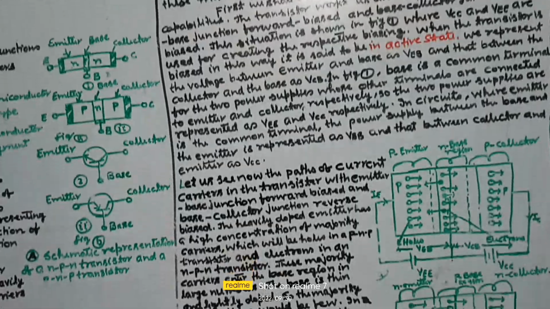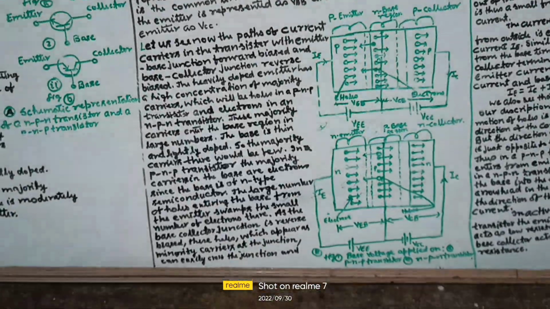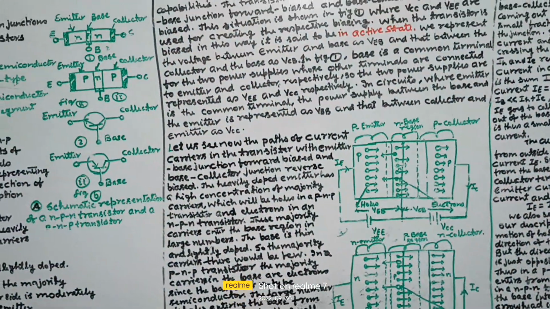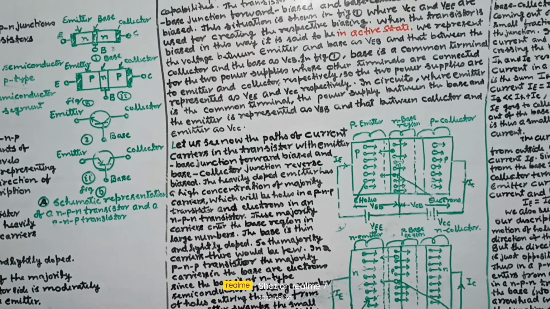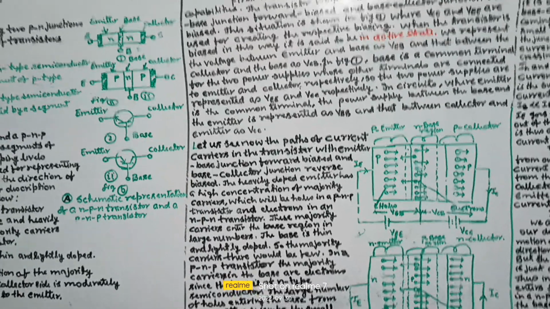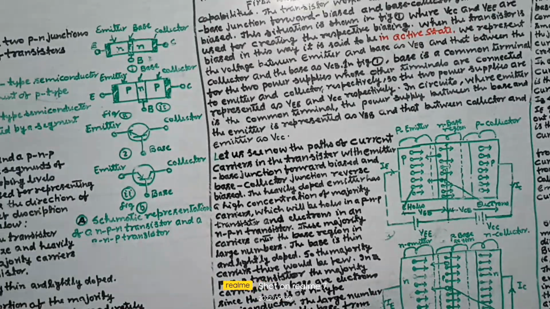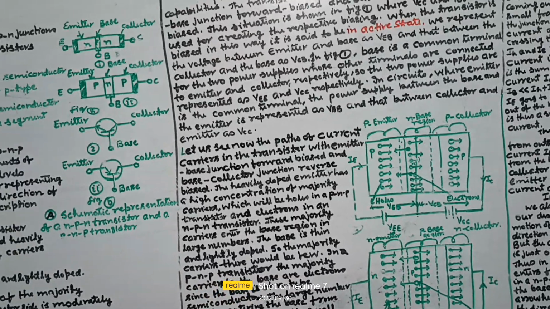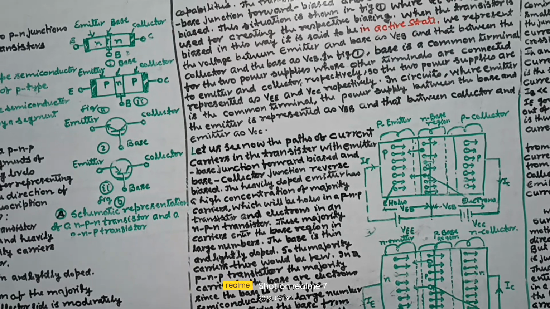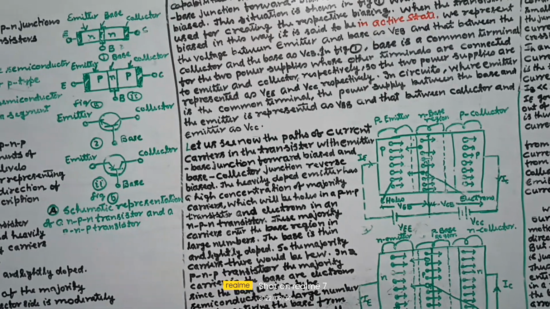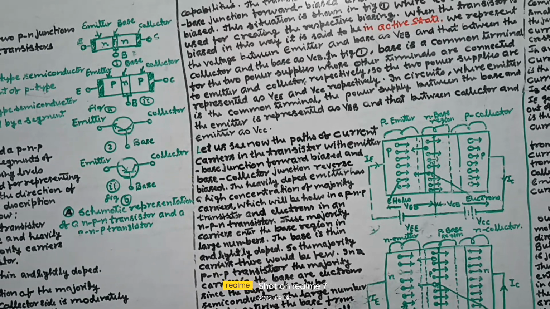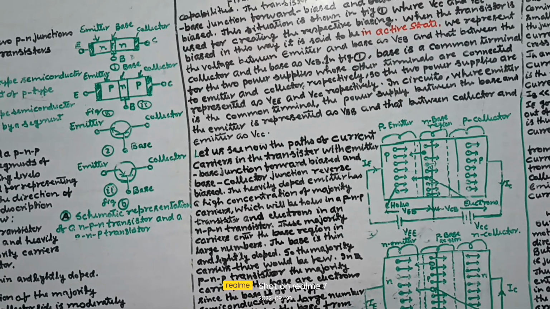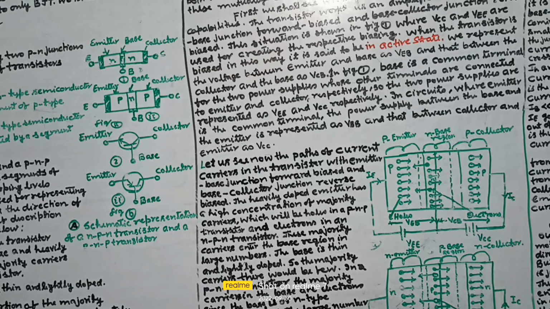Let us see now the path of the current carriers in the transistor. With emitter base junction forward biased and base collector junction reverse biased, the heavily doped emitter has a high concentration of majority carriers, which will be holes in a PNP transistor and electrons in an NPN transistor.